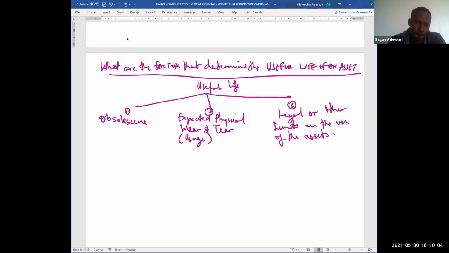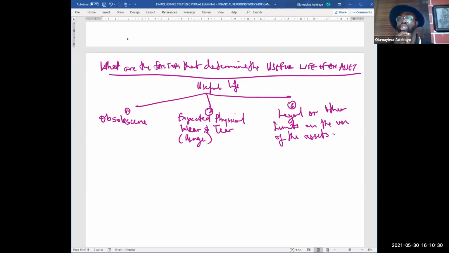But when we get to IFRS 16, we'll discover that you depreciate an asset over the shorter of the lease period and the useful life of the asset. Which means the useful life of the asset might be 10 years, but because of what you are committed to pay for the lease, you are only expected to enjoy the benefit for 6 years.